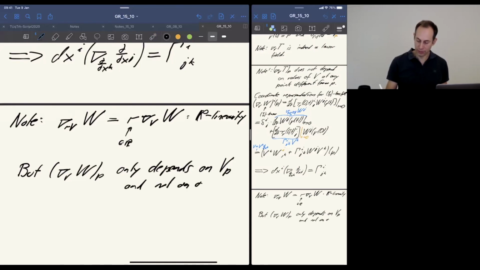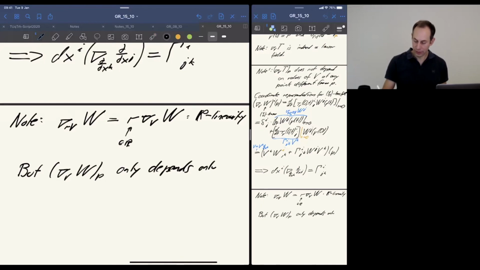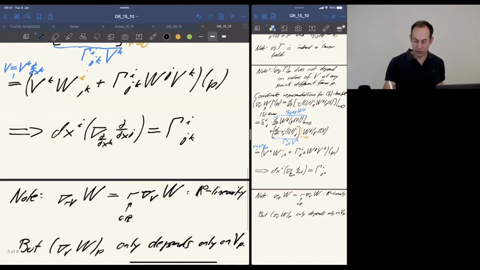I said that, or maybe I wrote this already before. It depends only on V_p. Of course, it also depends on W, but it doesn't depend on other parts of the vector field. There was actually a question in the break about that, and you can really verify this claim from this expression here.